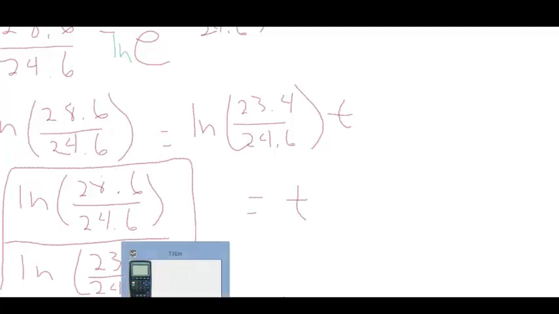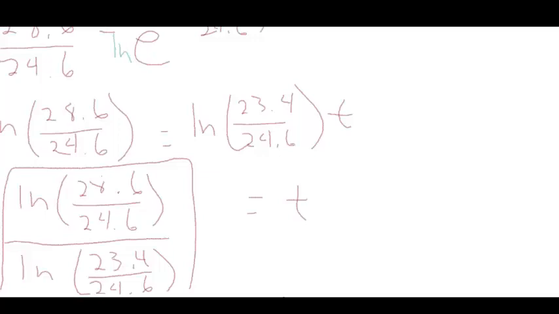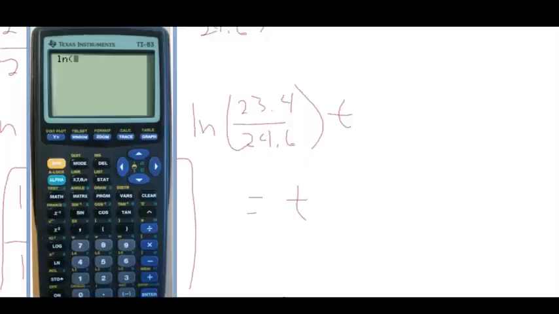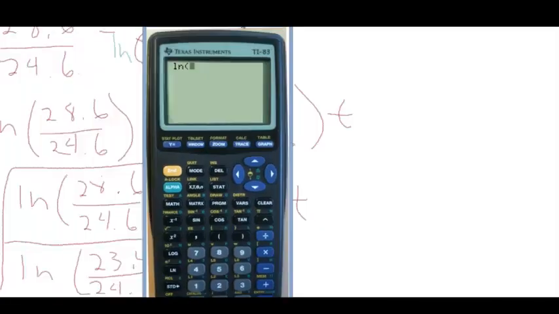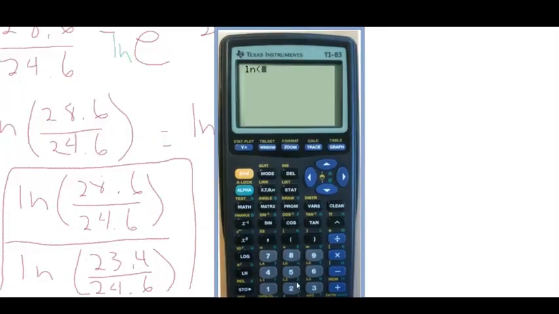So let's actually go ahead and do that. Let me show you how you want to do that on your calculator. First you have to find your ln button. So ln, and make sure that parentheses is there. It's important. So we've got the ln of 28.6 divided by 24.6, and then you have to close your parentheses, just as this parentheses was closed.